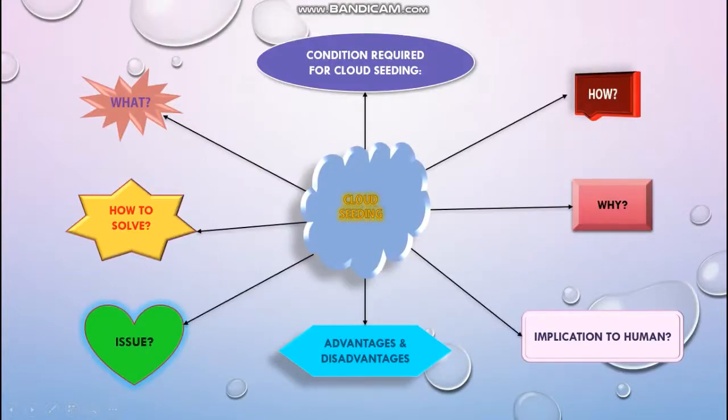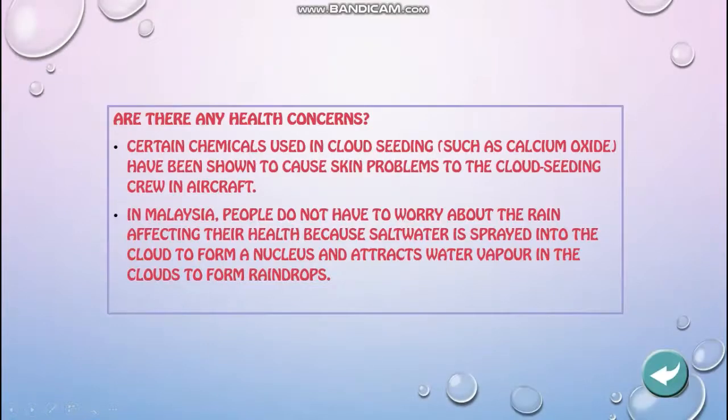Then, the implication of cloud seeding to humans. Does cloud seeding have an impact on humans? Are there any health concerns? Certain chemicals used in cloud seeding, such as calcium oxide, have been shown to cause skin problems to the cloud seeding crew in aircraft.